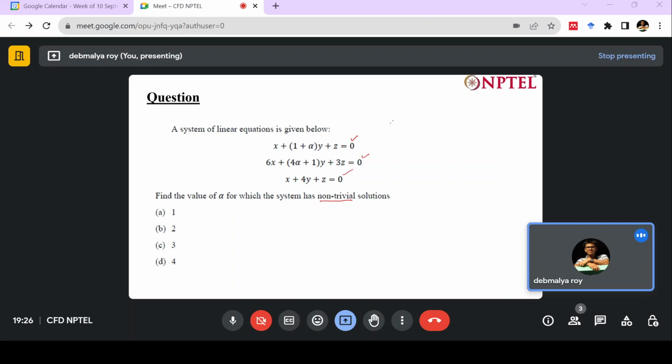What is the trivial solution? The trivial solution is x equal to y equal to z equal to 0. If all these three are 0, then these equations are automatically satisfied.